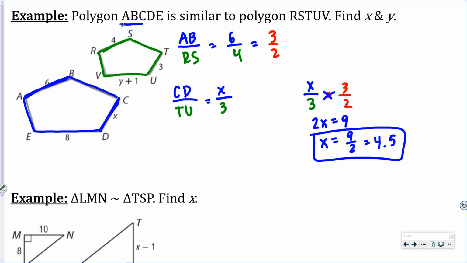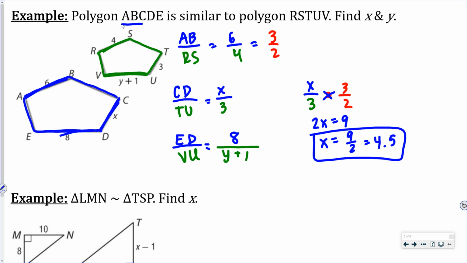Okay, there's X. Now, they also asked us to find Y. So I'm scanning, and here's Y. Y this time is on my green polygon, which corresponds to ED on my blue. So when I'm setting up this ratio, I have to make sure I'm consistent. I already wrote my scale factor with the blue one on top. So even though my variable is in the bottom, that's okay, I do have to set up the ratios consistently.